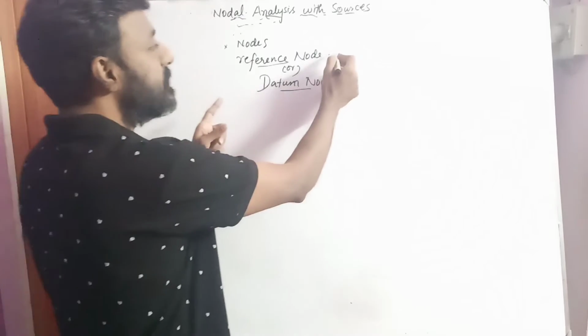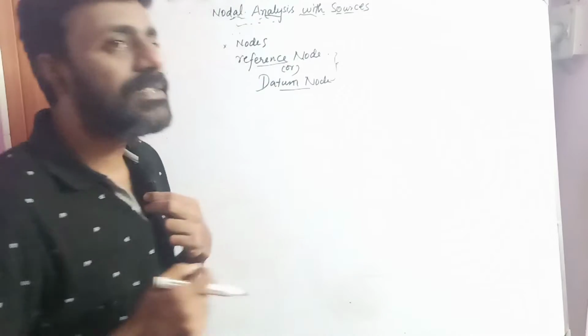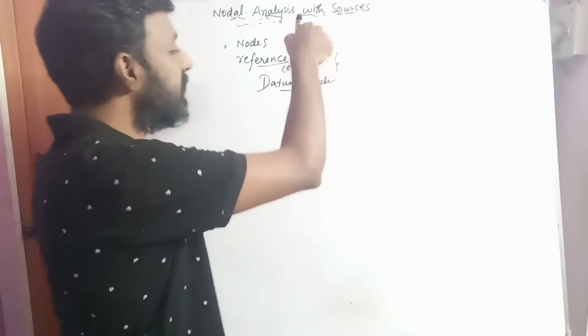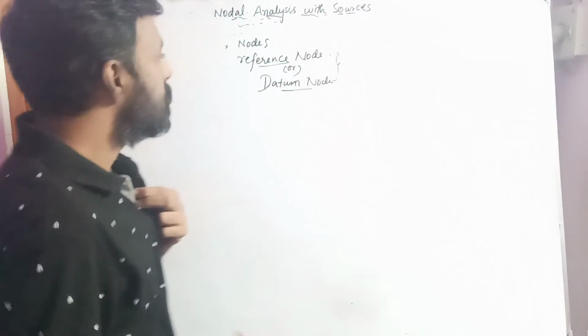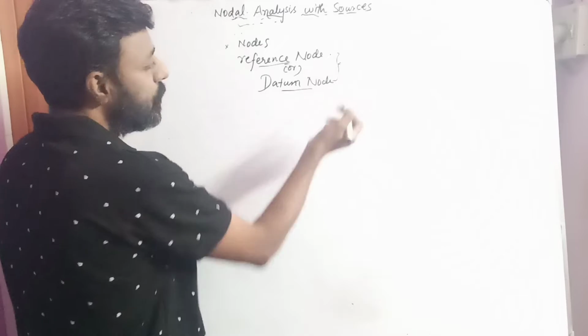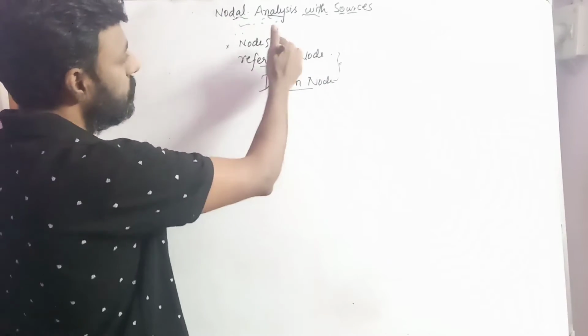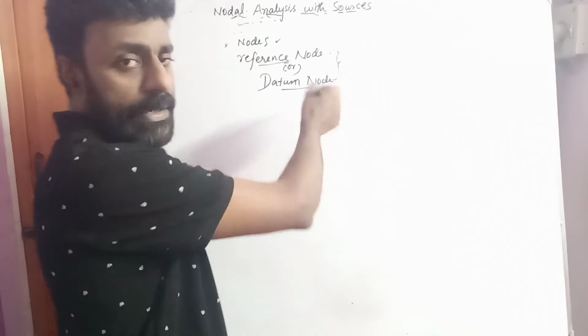Why is it connected to the ground? For safety reasons. If there is any high voltage or high shock, the electric current will be moved to the earth, the ground terminal. So we use this reference node or datum node, which is nothing but the ground terminal.